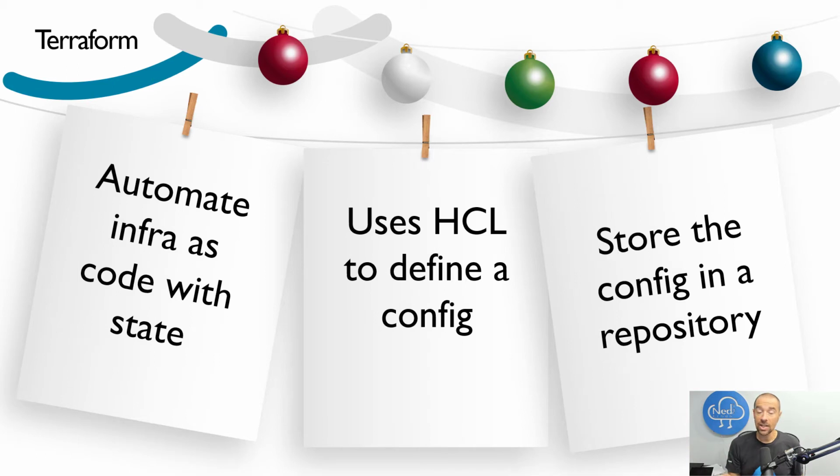Now, that config is written in HashiCorp configuration language, which is a lot more human readable than JSON and not whitespace dependent like YAML. So it's a nice mix between the two. And because it's defined in code, you can store that code in a repository, say a GitHub repository. So now we can combine our love of Terraform and our love of GitHub and GitHub Actions to reliably deploy our infrastructure as code on Microsoft Azure.